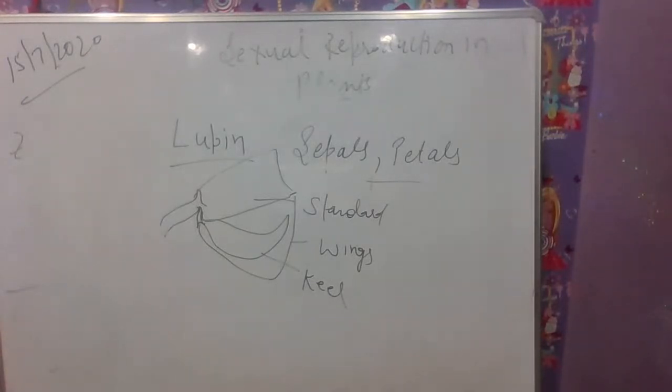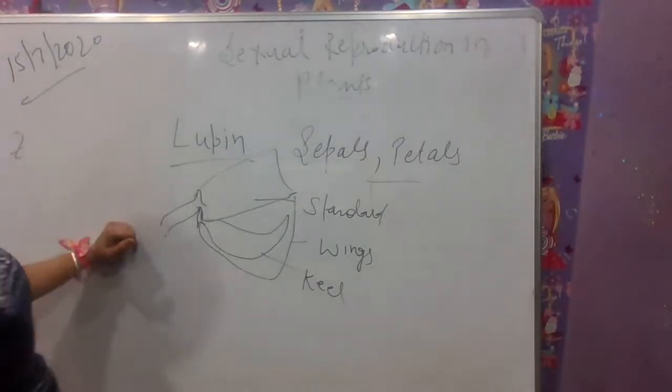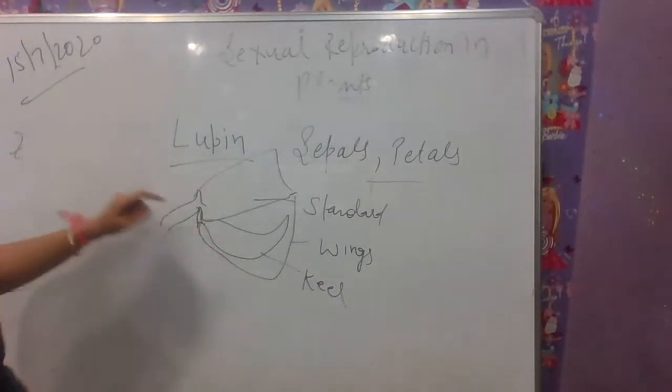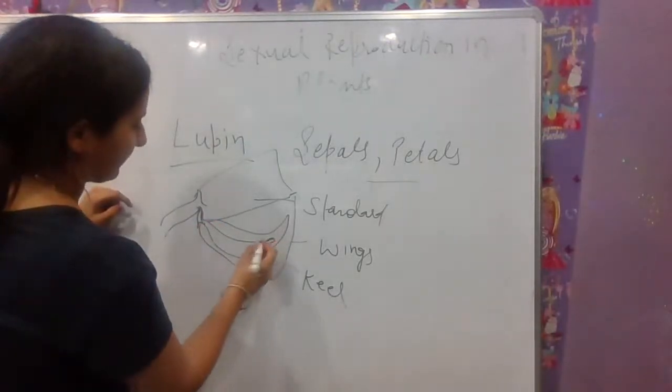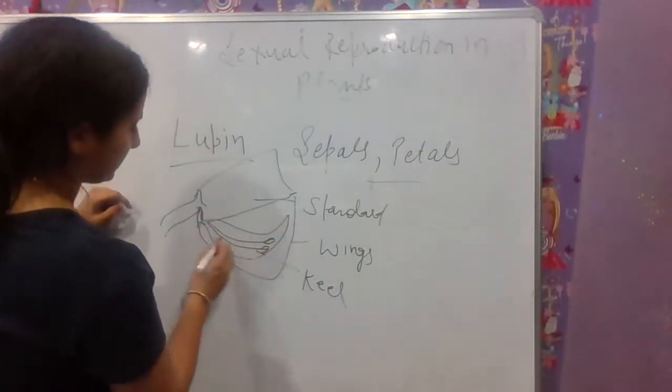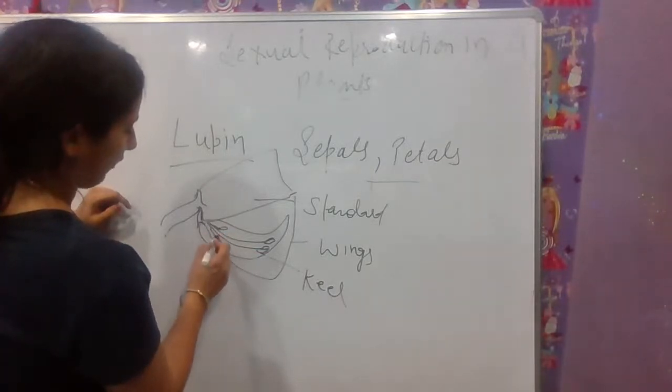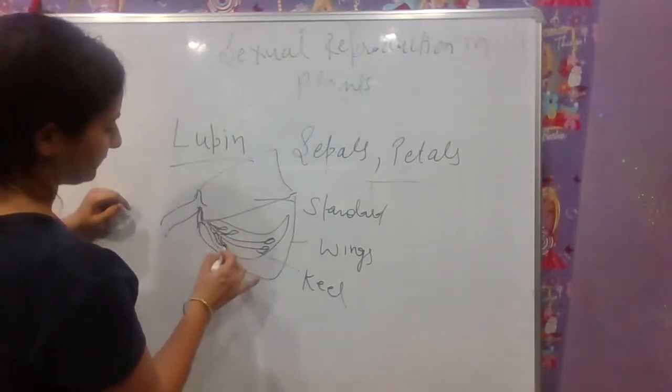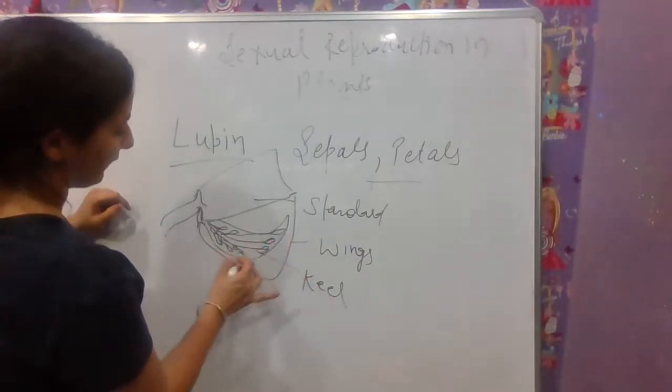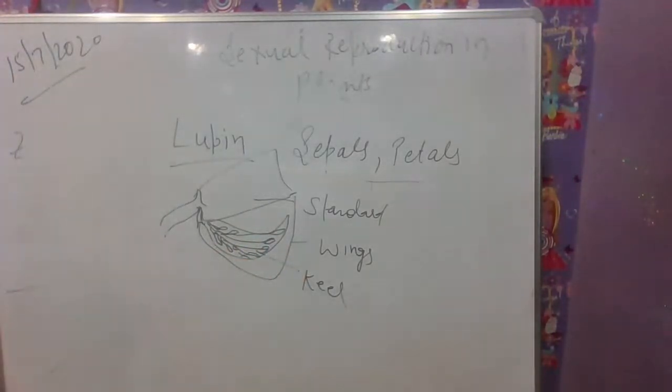There are 10 stamens, 5 long and 5 short. Examples of the lupin type of flower are pea and beans. So they have given a little bit of introduction about lupin flowers.